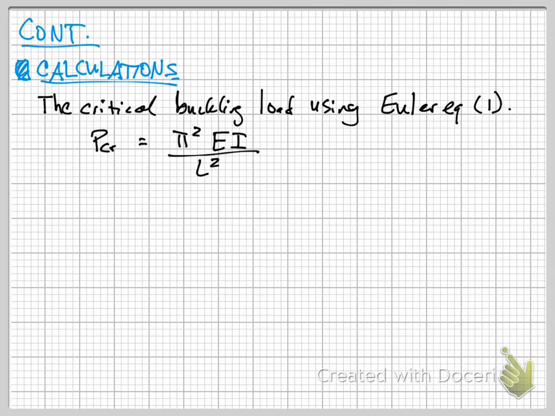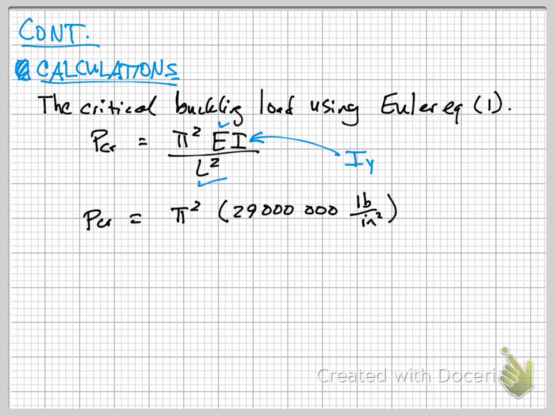Okay, we know that for our I, we're going to use the weak axis IY, and we know what the modulus is, and we know what the length is. Go ahead and start putting in values for this P critical. Pi squared, 29 million pounds per square inch.